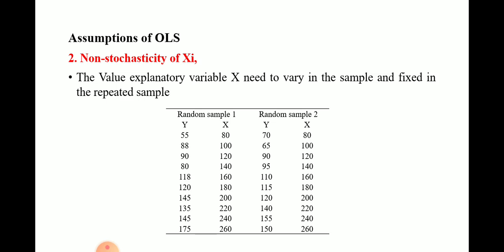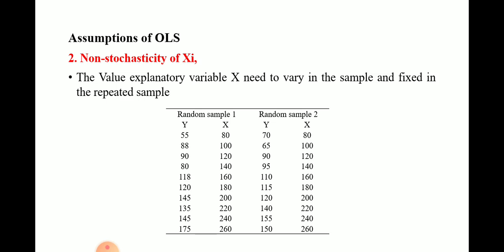The second is assumptions about the error terms. And the third is assumptions about the sample data. So these three are the major categories, and we will discuss these assumptions one by one.